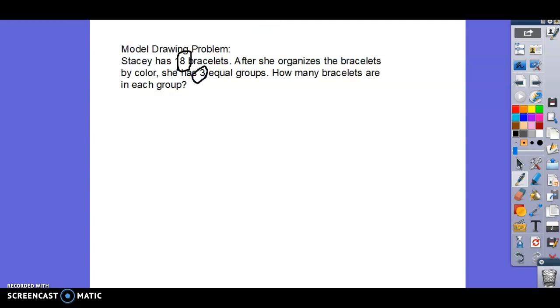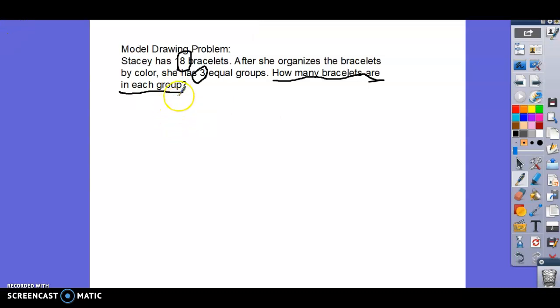So I have 18 bracelets, and she's dividing them into 3 equal groups. Now I'm going to underline my question because this is what I want to know. How many bracelets are in each group? I want you to draw a picture that shows Stacy's bracelets and then write an equation that shows how many are in each group.